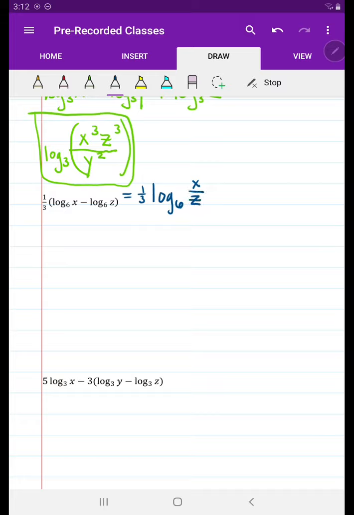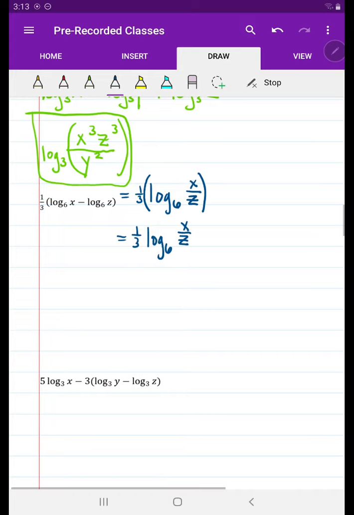So all I did was combine the logs inside the parentheses. If you wanted to throw the parentheses around, you could, but it's not really going to matter because that's just the same thing as having 1/3 multiplied by that whole logarithm.